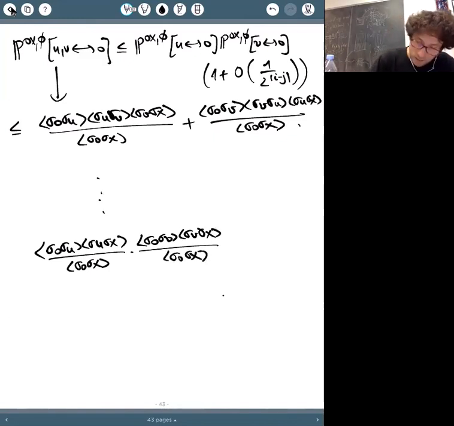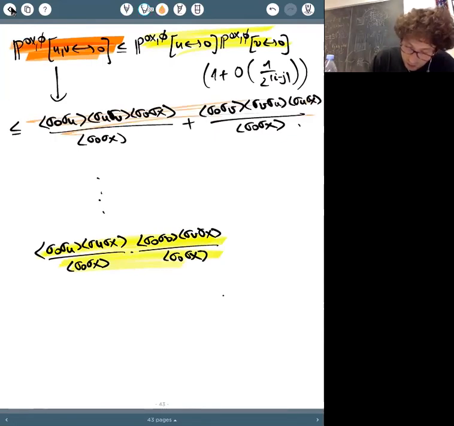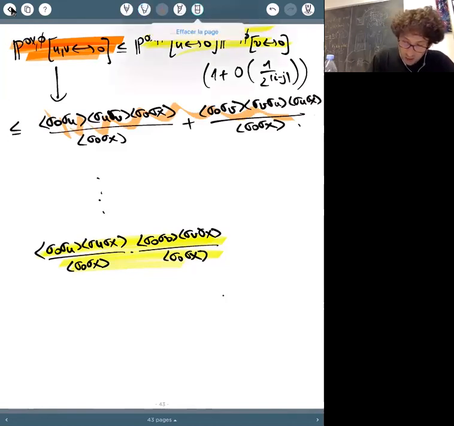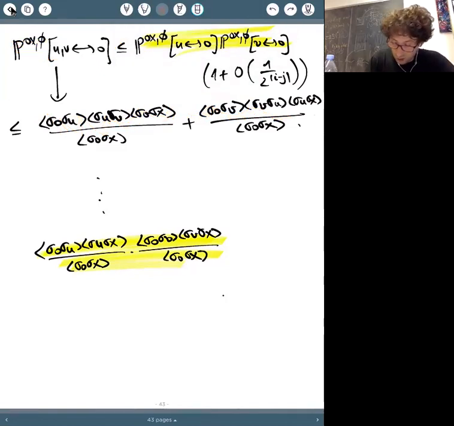So we already mentioned this inequality, and we want to bound the orange part by the yellow part.